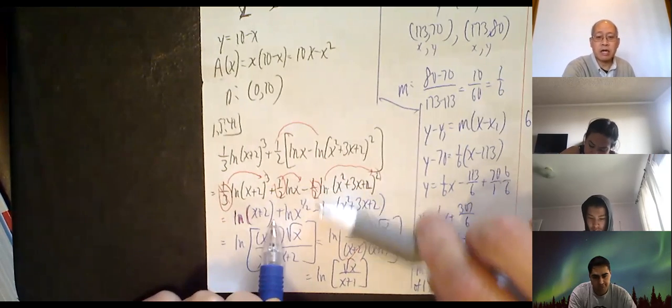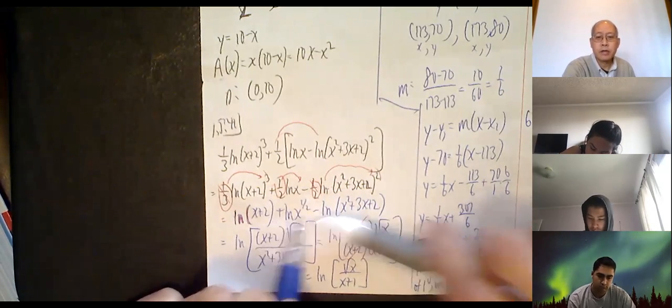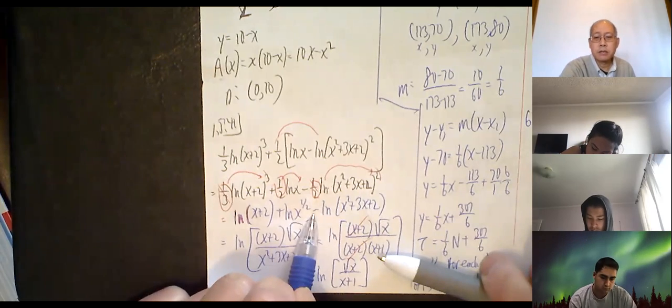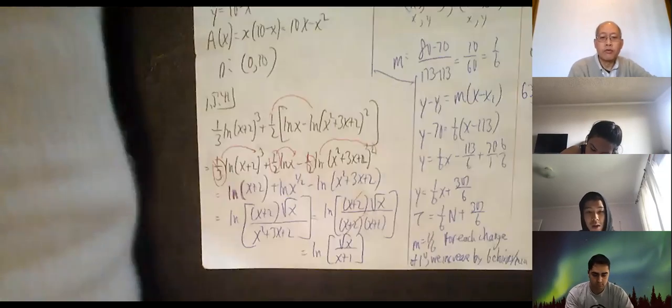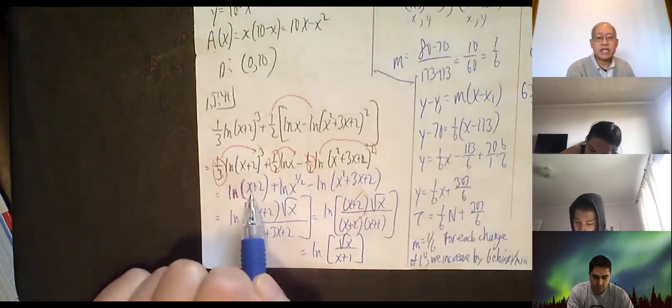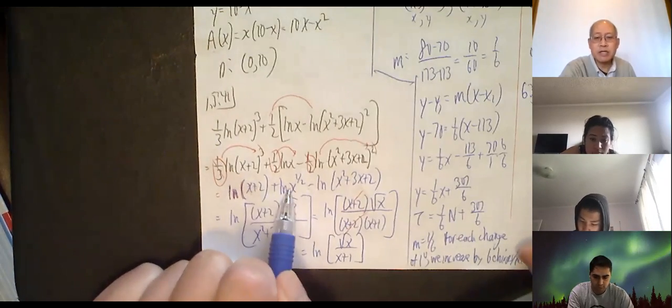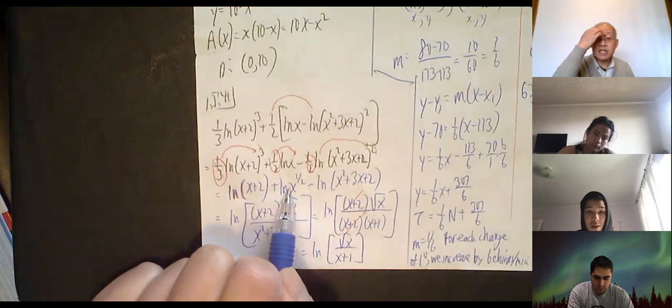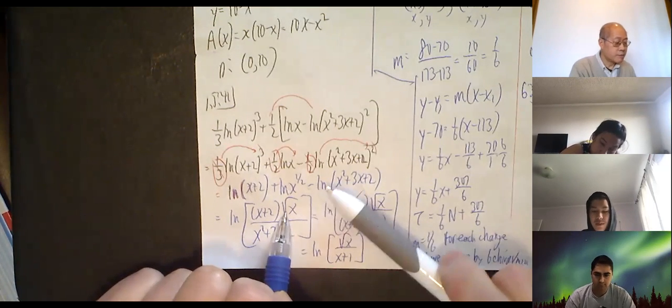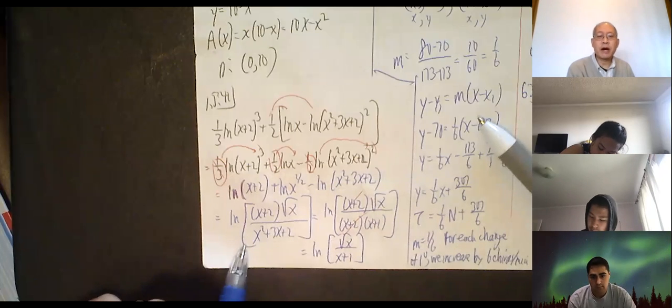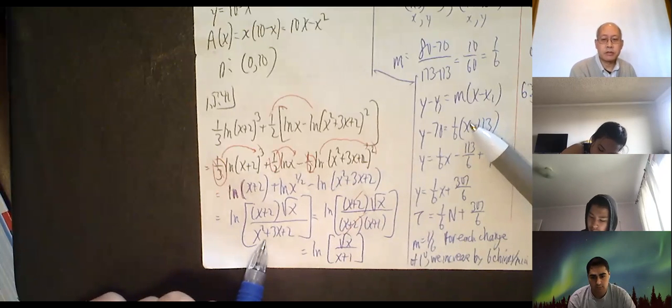That plus means I'm going to multiply. What do you think the minus means? Divide. So I just write a single log, 1 ln (x + 2) times x to the 1/2. But what is x to the 1/2? Square root of x. And then because I have a minus sign, divided by x squared plus 3x plus 2.